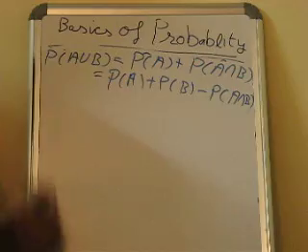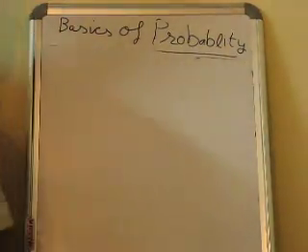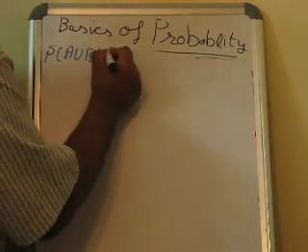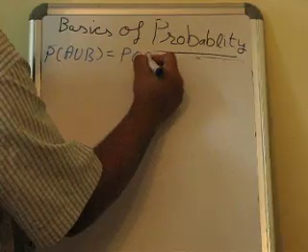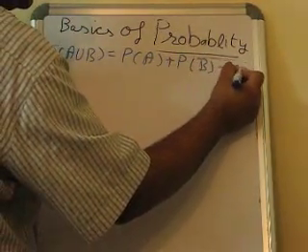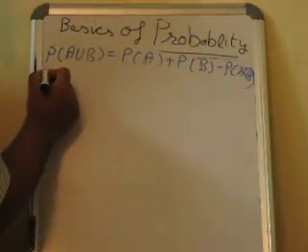If you have n sets, then what? We have to generalize this equation, P(A union B) is equal to P(A) plus P(B) minus P(A intersection B). How will you generalize it? Let's take the probability.